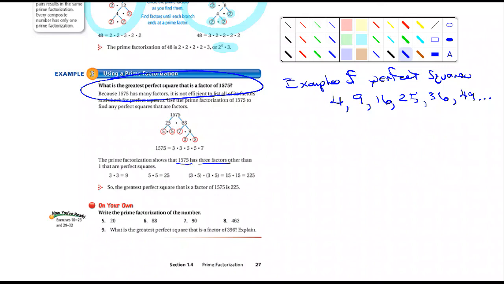And so 3 times 3 is one example, and that's 9. They have another example that's 5 times 5, which is 25. And so 3 times 5 equals 15, 15 times 15 equals 225, and that's the largest perfect square that could be a factor of 1,575.